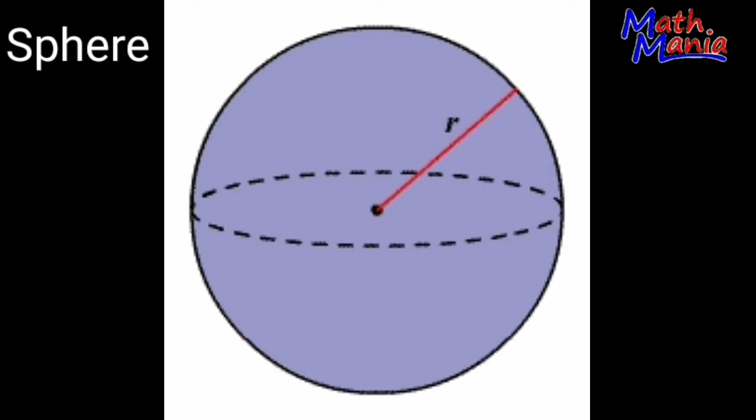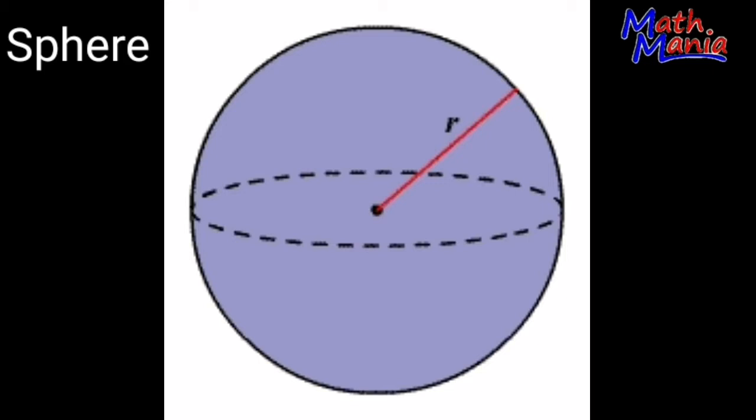As I told you, it has only one surface, which is called the surface area, or you can say the curved surface area. Since it is curved and only one, it is always said as the surface area of a sphere. So to find the surface area of this sphere, we have to see what the formula is.